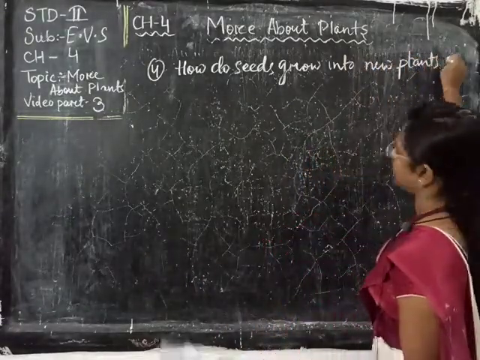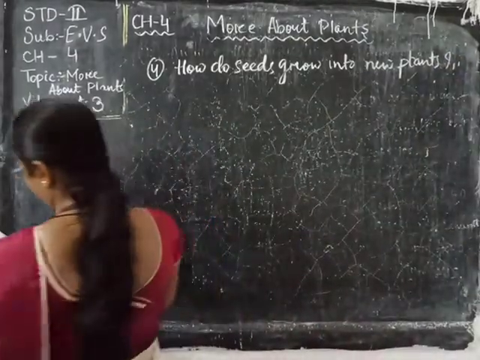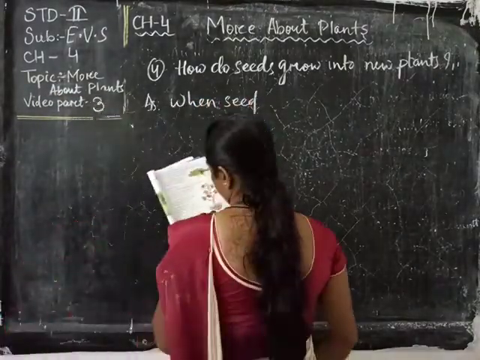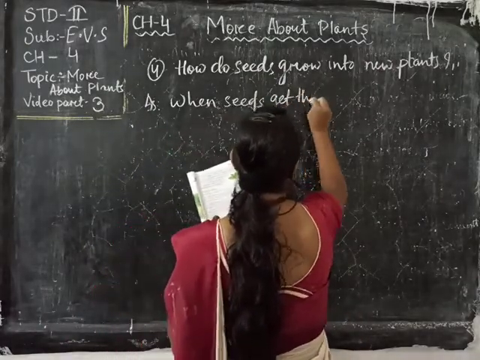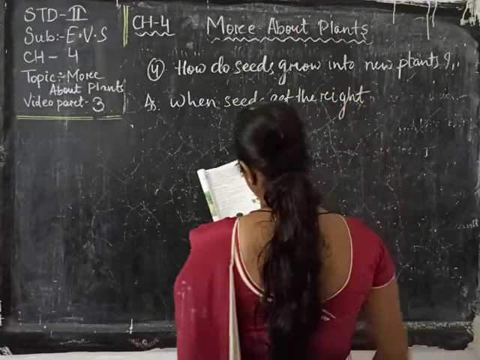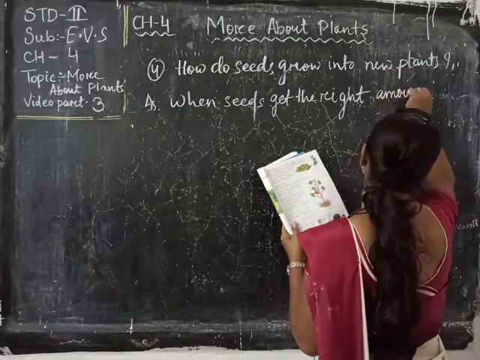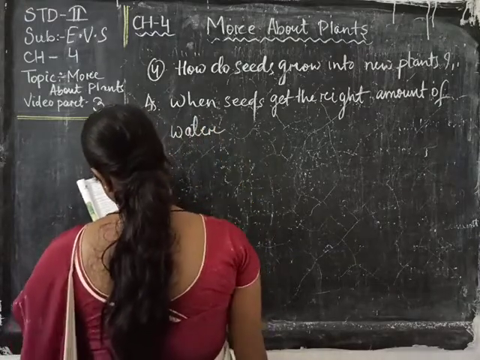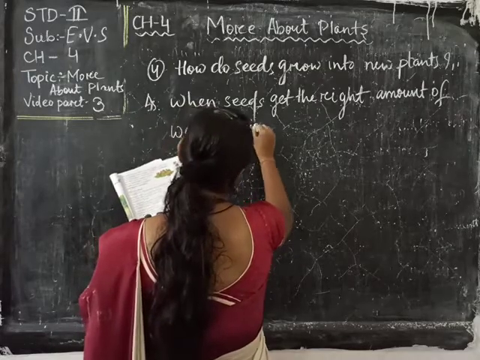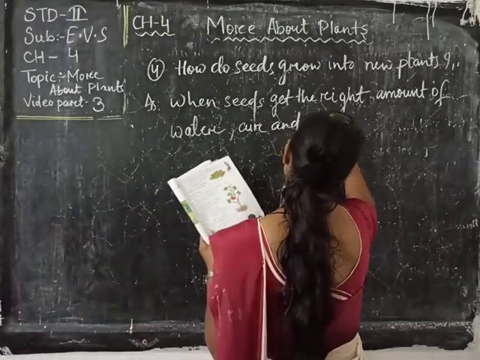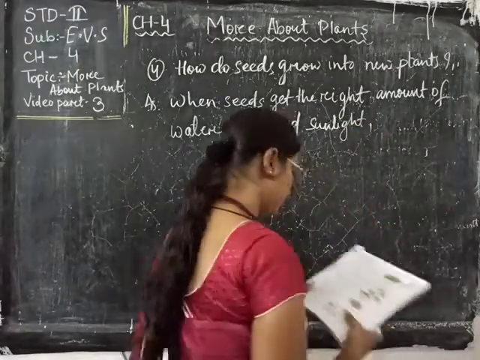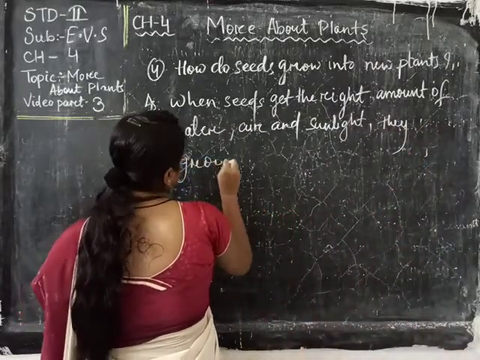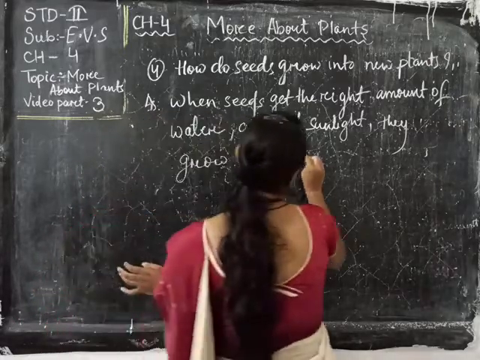In the answer you will write, when seeds get the right amount of water, air and sunlight, they grow into a new plant.